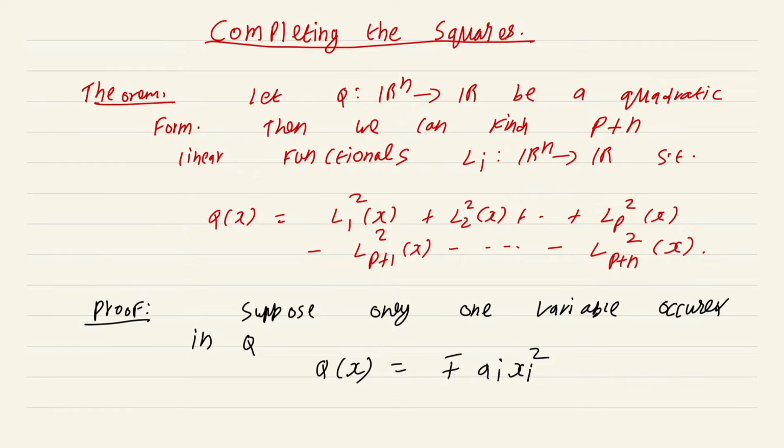It's got to be a square because it's a quadratic form and there's a constant plus or minus ai. Okay, now the fact that this is a sum of squares is rather obvious.